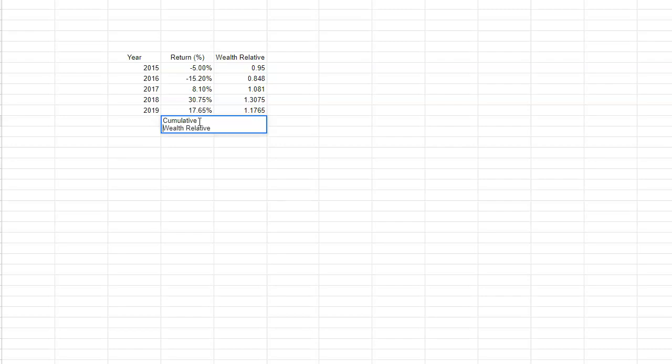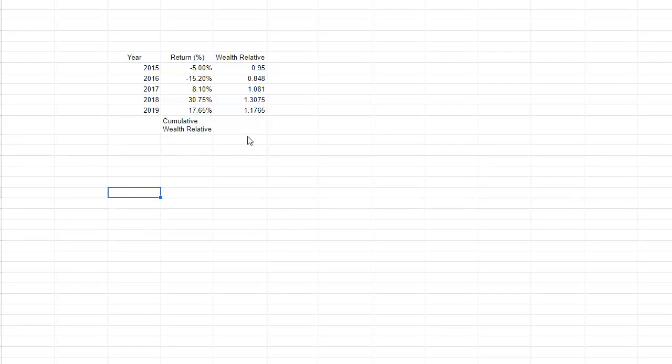Let's make this a little neater. Okay, cumulative wealth relative we put down over here, which is equal to this number multiplied by this number multiplied by this number multiplied by this number multiplied by this number. Okay, so we get a cumulative wealth relative of 1.3396, and once we have this number, we are in a position to calculate time weighted rate of return, which is nothing but the geometric mean of the number we got upstairs.